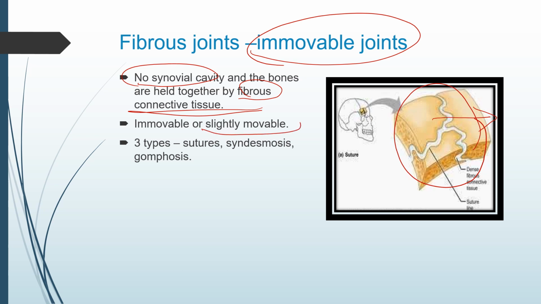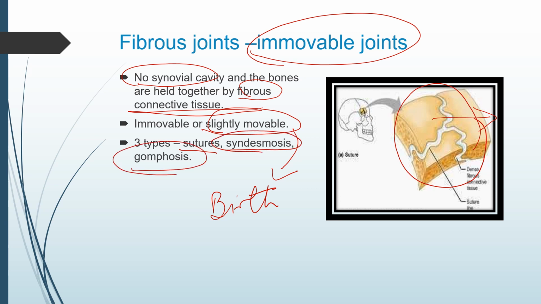When they are slightly movable, that is during the birth of a child. So during that part only the sutures or this type of joint are slightly movable, and generally these are all immovable kinds of joints. And there are three types of these fibrous joints. First one is the sutures, second one is the syndesmosis, and third one is the gomphosis.